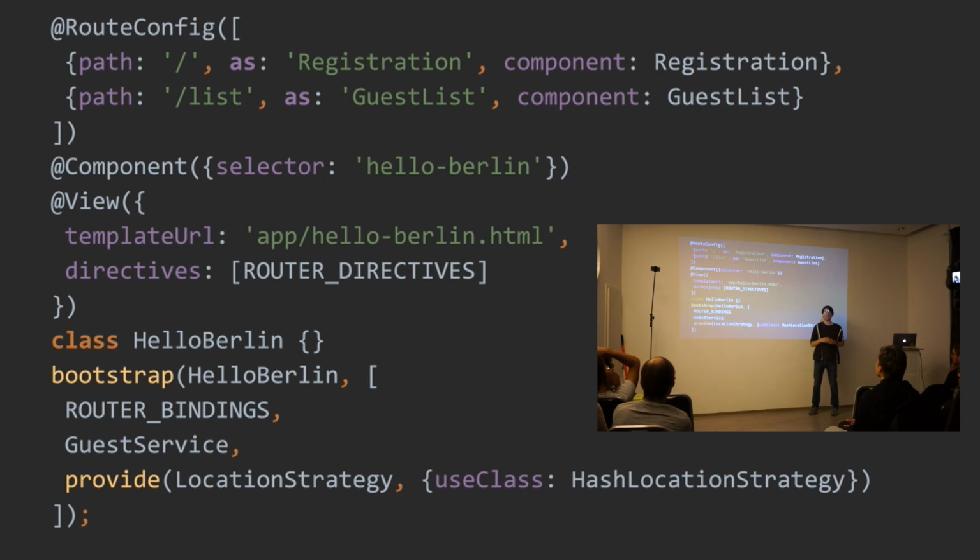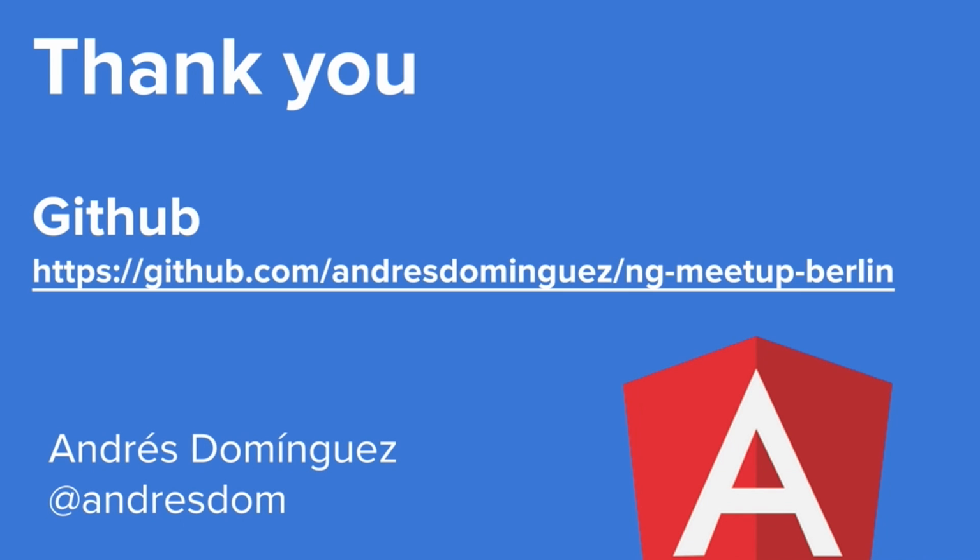So you can provide constants, or you can provide classes. So here, what I'm saying is use the hashtag whenever you're referring to different routes. So when you go to the URL, you can see hashtag list and hashtag nothing. So that's pretty much it.